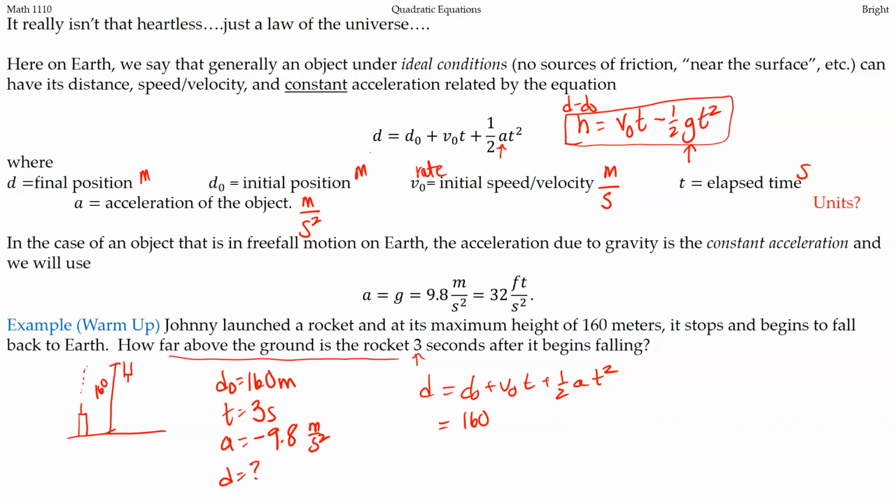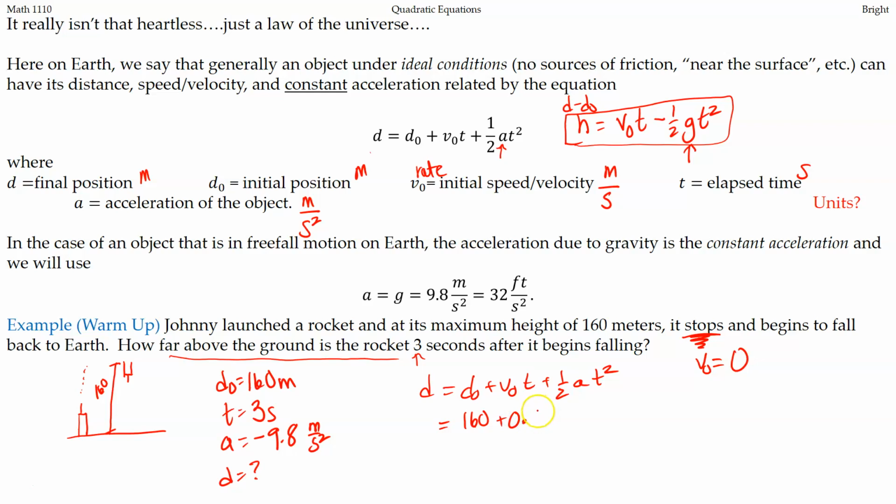The correct answer is that V0 is indeed 0. This language of stops means that initially, when I'm thinking of the rocket at its maximum height, it stops, so the velocity is 0. So that makes my life a little easier.